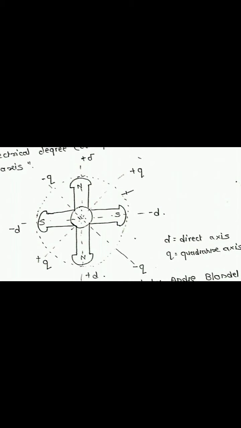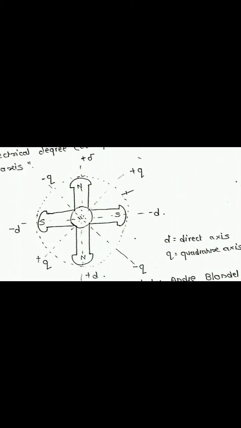As shown in the figure, the axis of symmetry of the north magnetic pole of the rotor is called the D axis. The axis of symmetry of the south magnetic pole is the negative D axis. So this is the positive D axis, this is the negative D axis. The axis of symmetry halfway between north and south pole is called the quadrature axis.